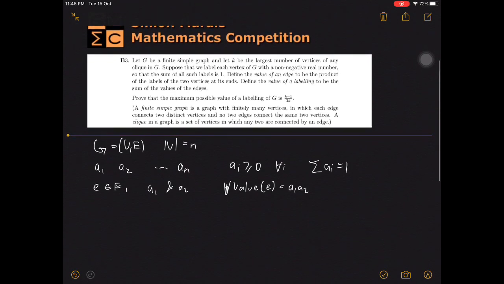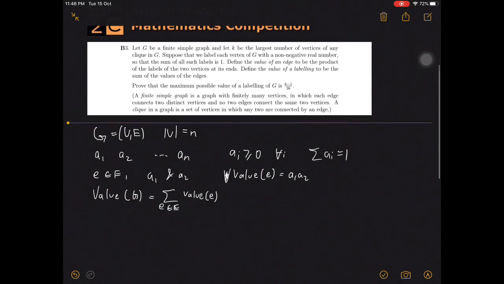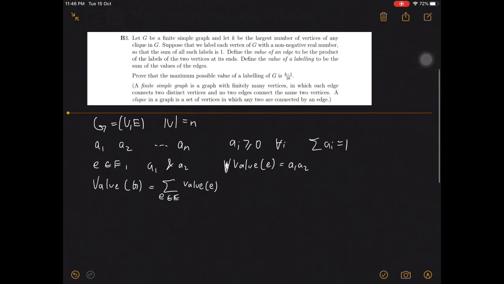Now define the value of a labeling to be the sum of the values of the edges. So the value of the labeling, which is the value of the graph G, is equal to the sum of the value of the edge e, where e is in the edge set of G. Now prove that the maximum possible value of a labeling of G is (K minus 1) over 2K.